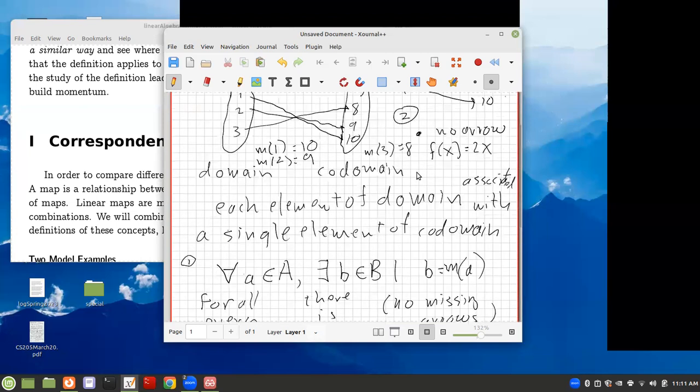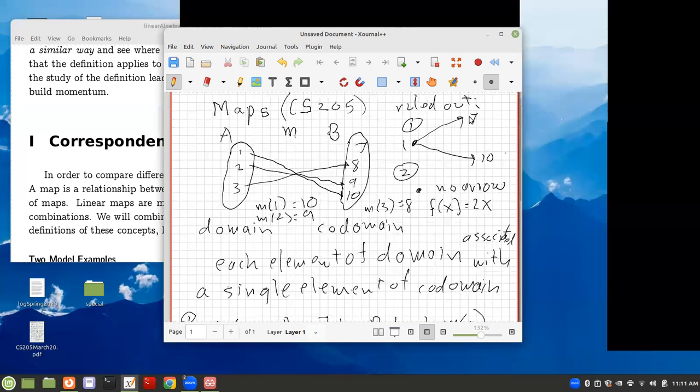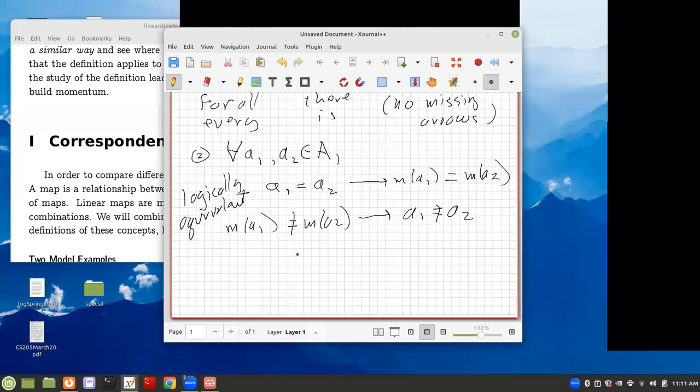This is, again, a little bit of logic, but the point is that this rules out condition one. This says that if I have M of A1 here, and it's not the same element, these are members of the codomain, and if they're not equal, then they can't come from the same element.